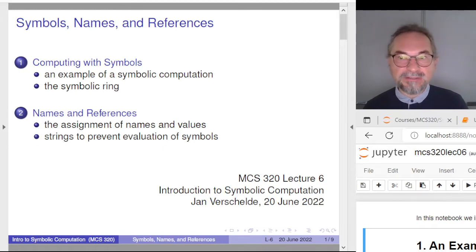And in the second part of the slide presentation, I will explain the mechanism to share values between variables. And we will also see how to prevent the evaluation of symbols when we make the connections between variables.